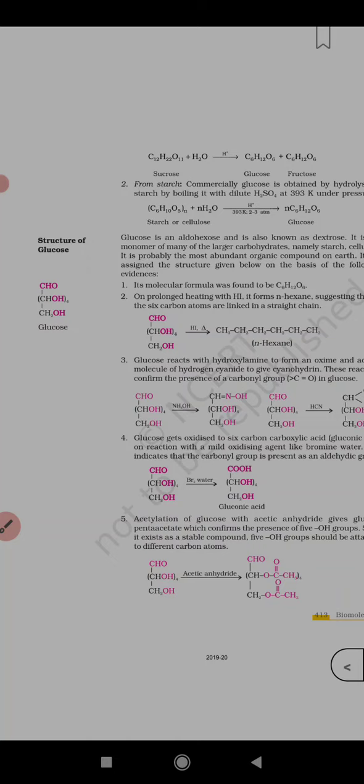That indicates that the carbonyl group is present as an aldehyde group.